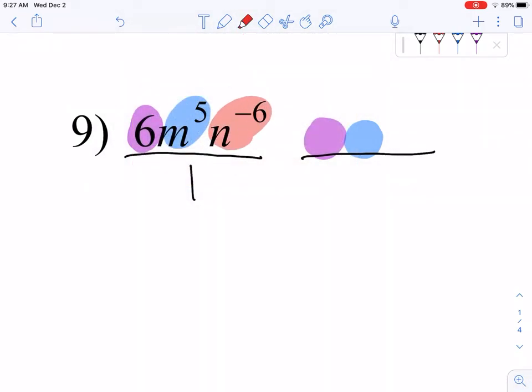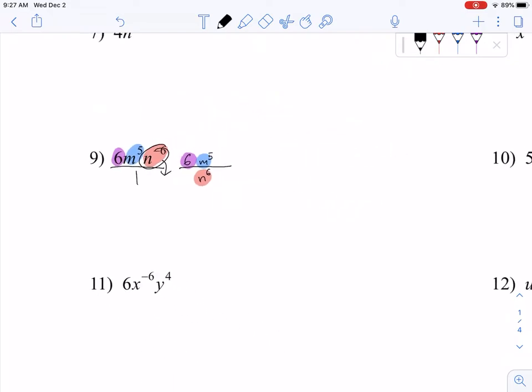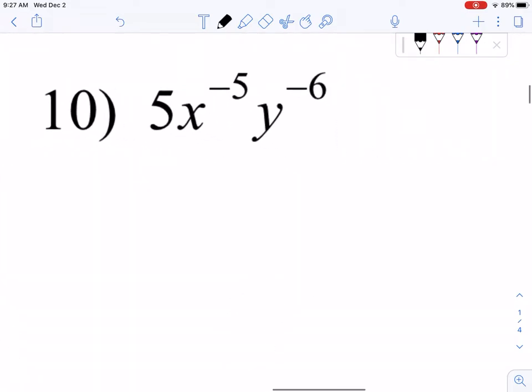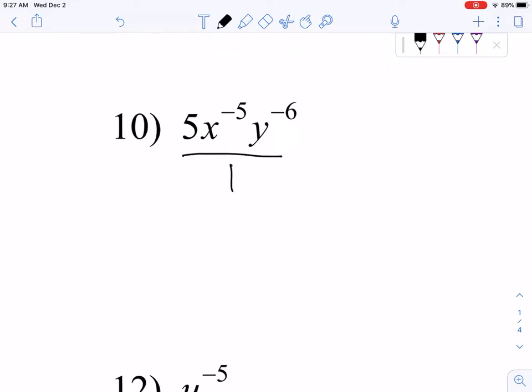N to the negative 6th does need to move to make it positive. So 6 stays, M to the 5th stays, n to the positive 6 now because we moved it. When it moves down, it becomes positive. Now it's happy where it's at. So a negative means it's unhappy where it's at, and a positive means it can stay. It's fine where it's at.